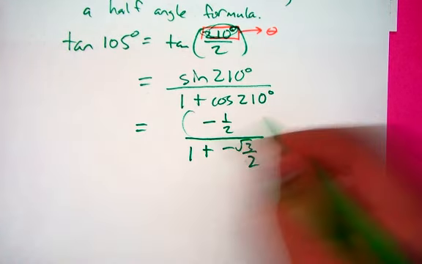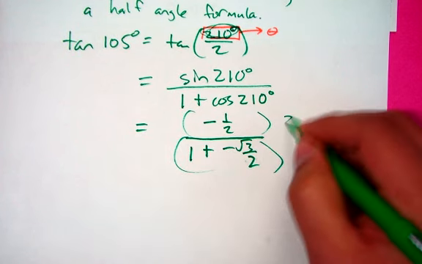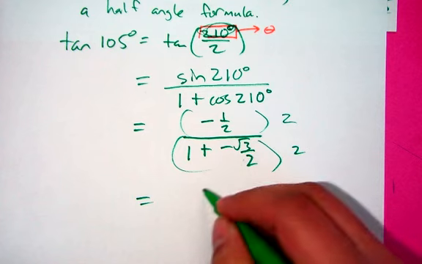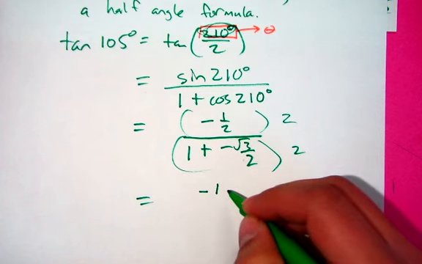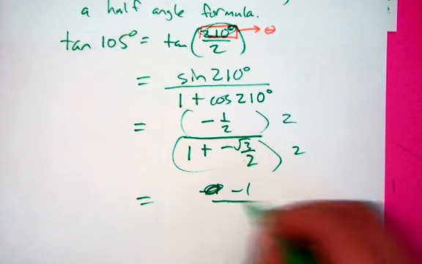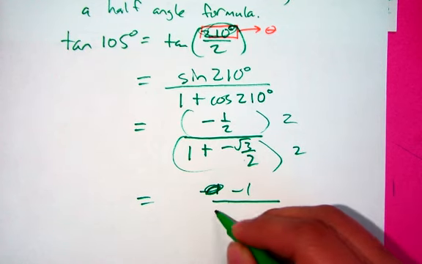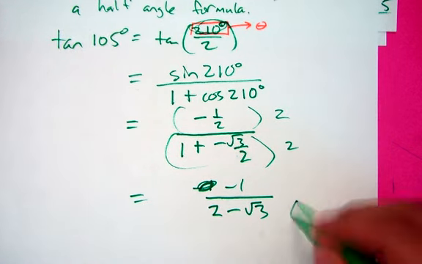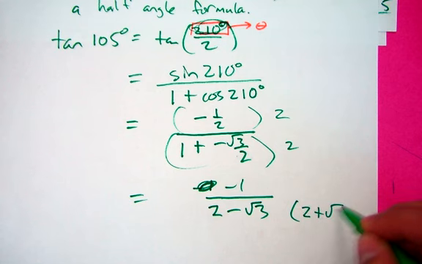Now we just clean up the fractions here. Double the numerator, double the denominator. We get negative 1 over 2 minus root 3. Multiply by the conjugate, very good.